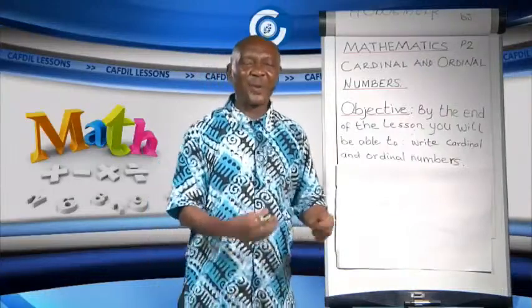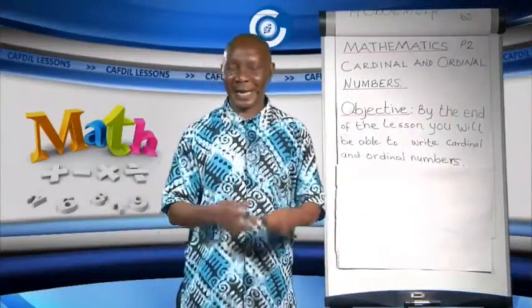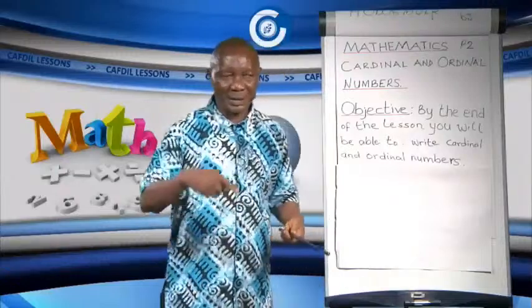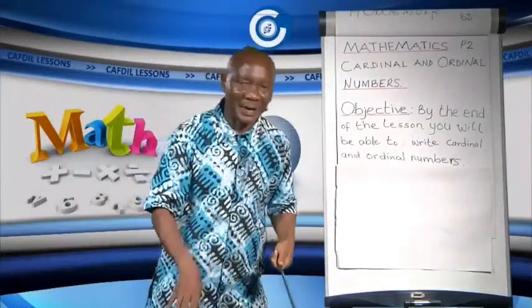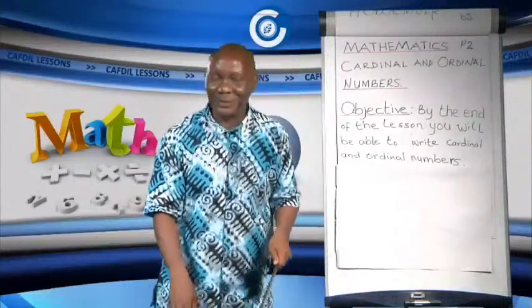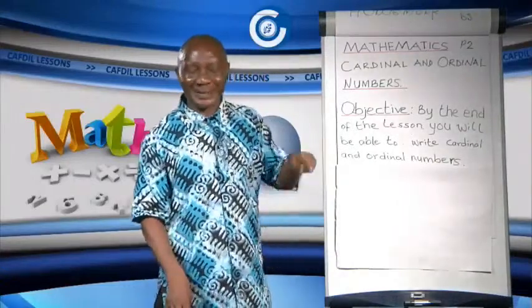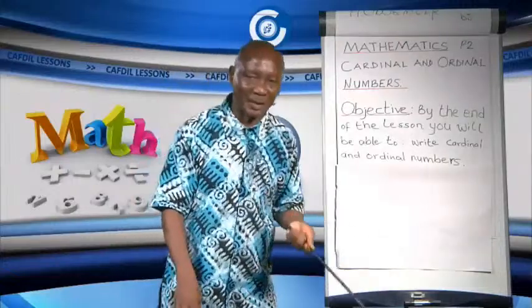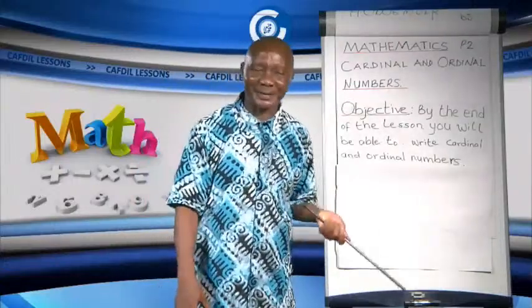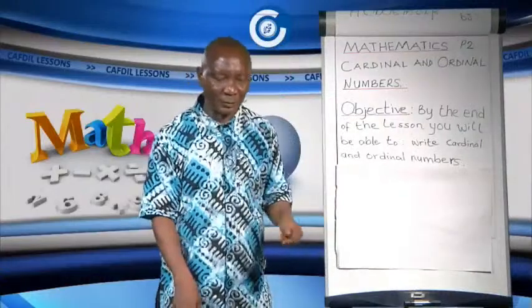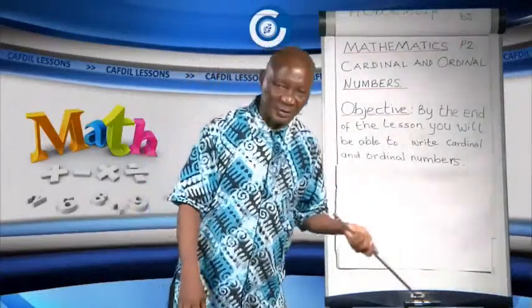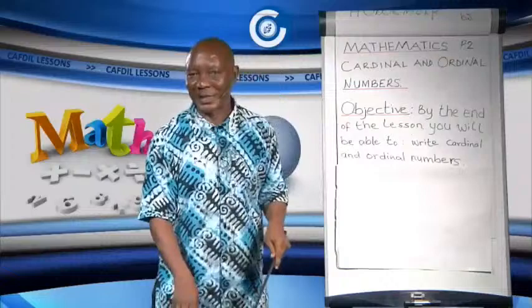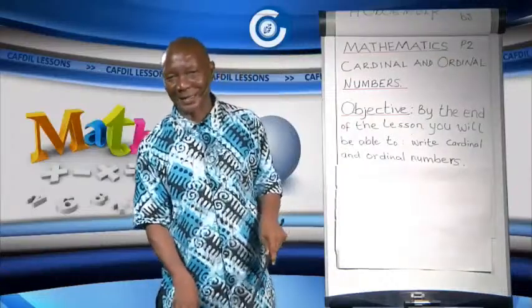How many boys are in this classroom? There are 17 boys in this classroom. 17 is a cardinal number. How many girls are in this classroom? 14. So 14 is a cardinal number.